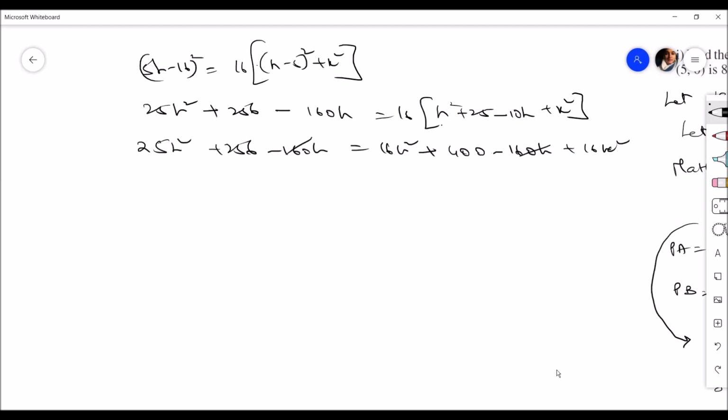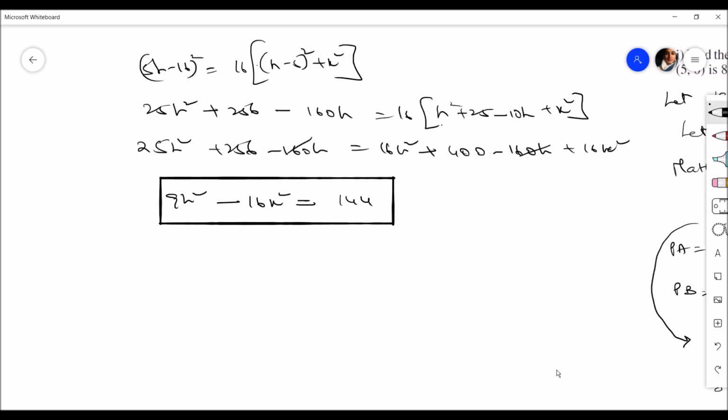So everything I'm bringing onto the RHS, that's 16H square, 16K square. In fact, everything I'll bring onto the LHS, that will be relatively easier. 25H square minus 16H square will be 9H square minus 16K square is equal to 400 minus 256, that is 144.